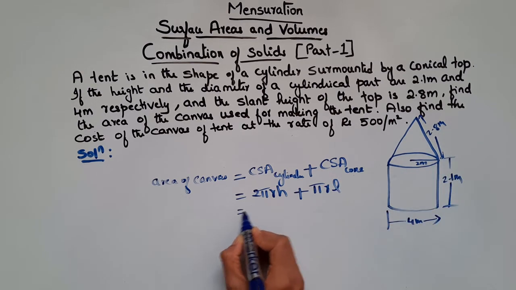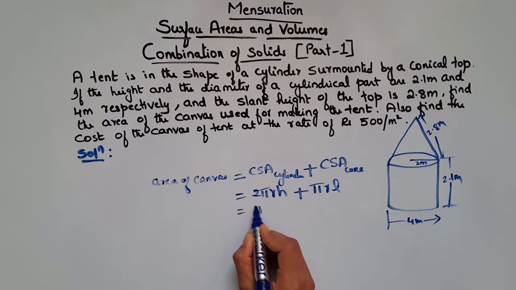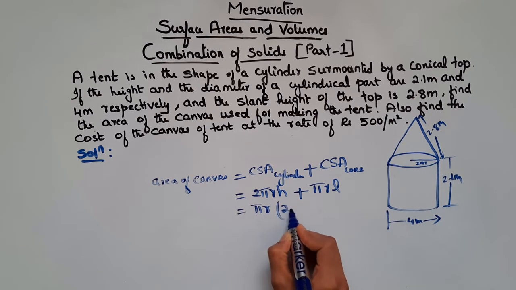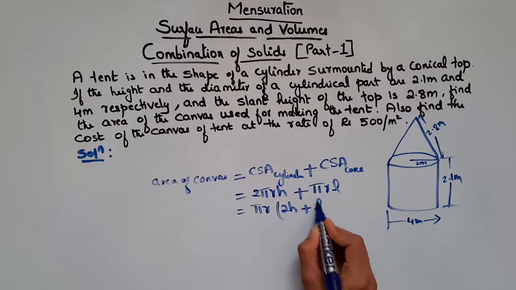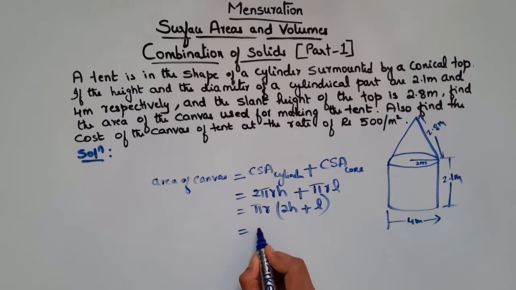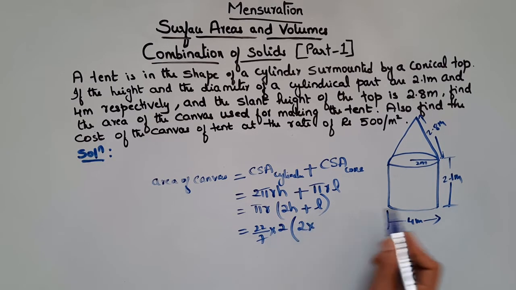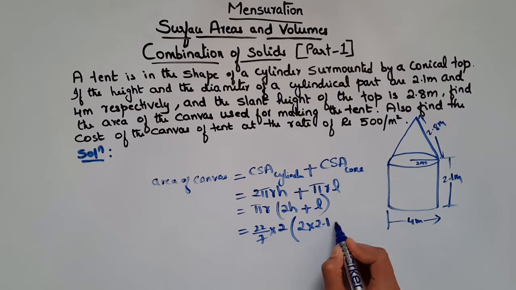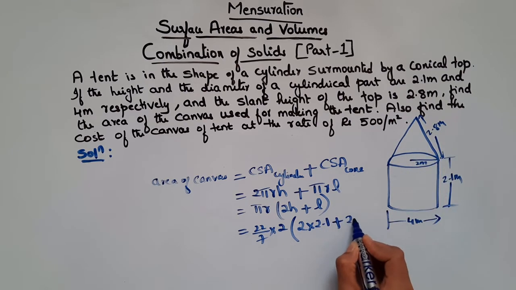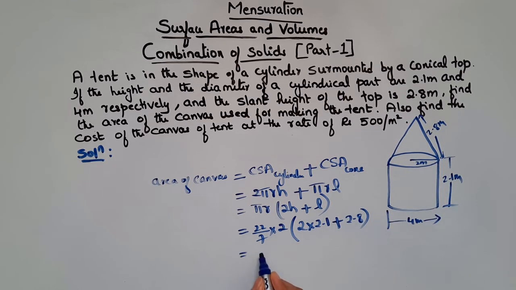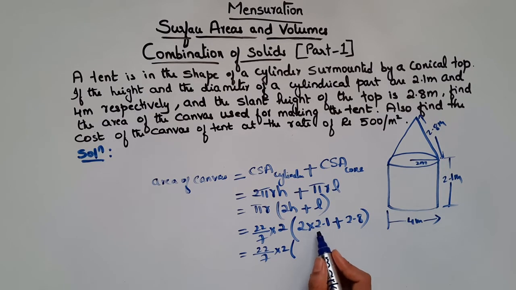Just substitute the values. Here pi R is common, so we can keep that out. We are left with 2H plus L, which is equal to pi is 22 by 7, radius is 2 meter, into 2 into height of the cylinder is 2.1 plus slant height is 2.8, which is equal to 22 by 7 into 2 into 2 into 2.1 is 4.2 plus 2.8 will give you 7.